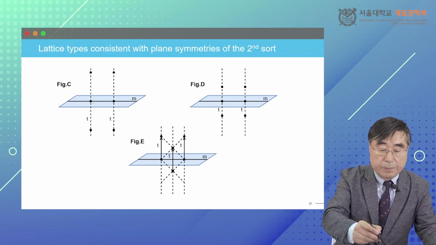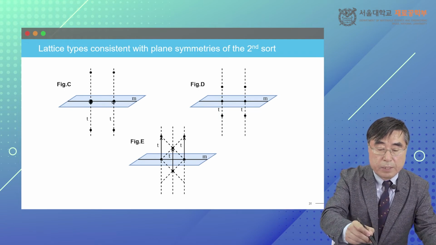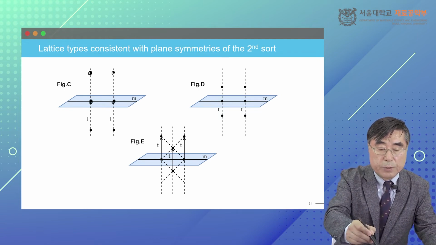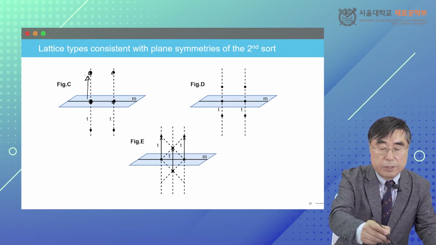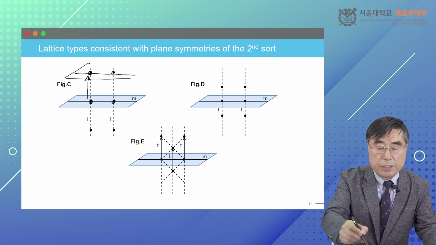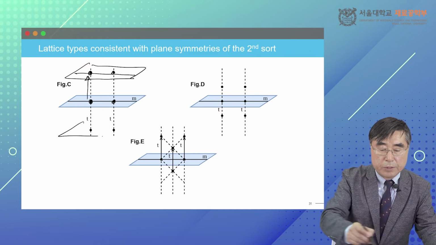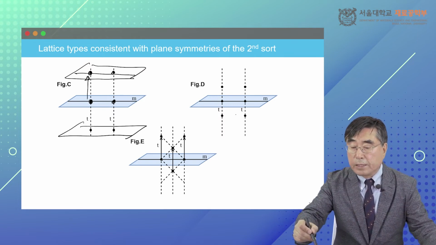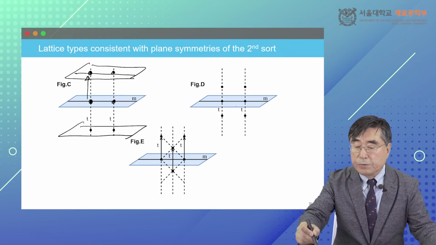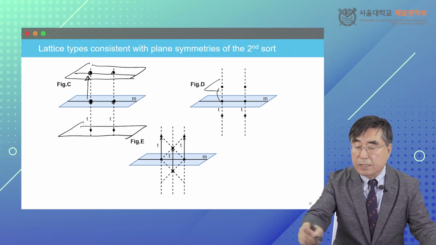So one type is this one, where we put the lattice points in here so that the mirror plane goes in here, and the mirror plane goes in here. And in this case, we put the mirror plane in here, and basically it's the same thing.